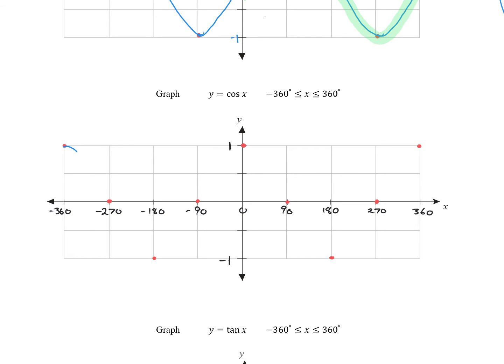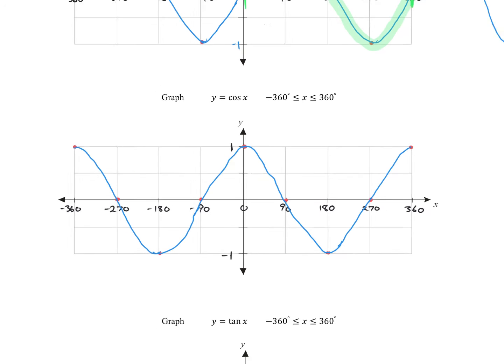So here's our curve, roughly like that. We might have a look on Desmos so you can see what the curve actually looks like, because I'm a bit crap at drawing. And that's our curve for cos.